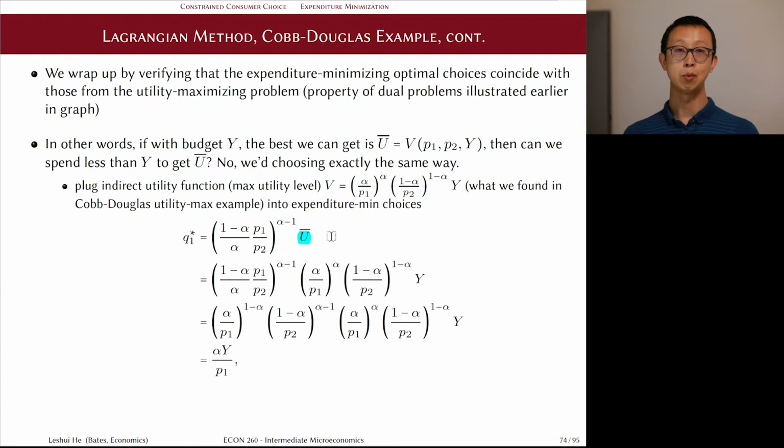The level that we obtained when we had a budget of Y. But what's that utility? Well, that's exactly given by our indirect utility function V. It tells us the highest level of utility we're able to reach, given prices P1 and P2, and we started with the budget level of Y, is U bar.